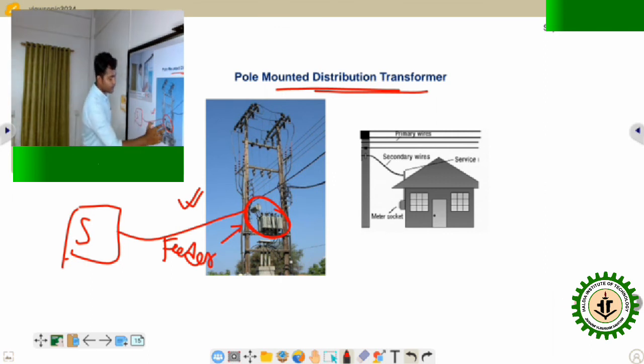Distributor means what? This type of wire. This 4 wire is the distributor, and this distributor distributes the power to your locality. Suppose this one is the distributor.